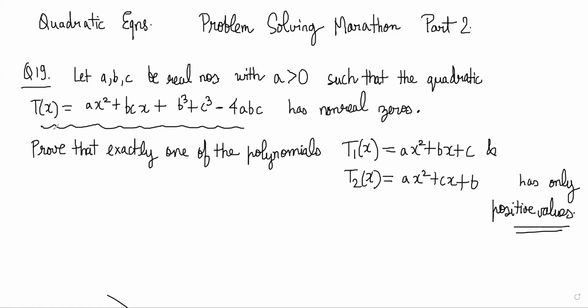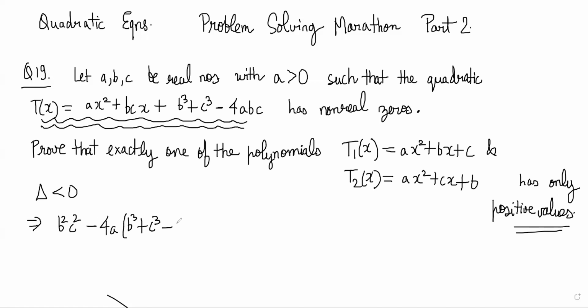So since t of x has non-real roots, we can say that the discriminant of this t of x must be less than 0. Right? So discriminant is less than 0. And that condition can be written as b square c square minus 4a b cube plus c cube minus 4abc, that must be less than 0.